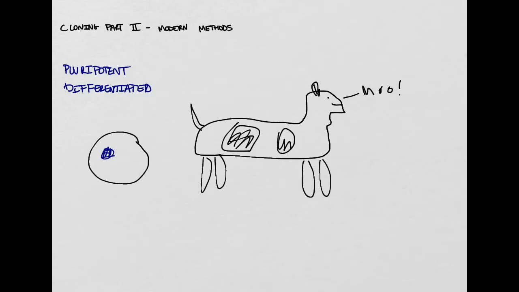But the problem is that this cow is already an adult, and so how do we take, for example, a skin cell from this cow and make it into, or clone, an entirely new organism with the same milk producing potential?